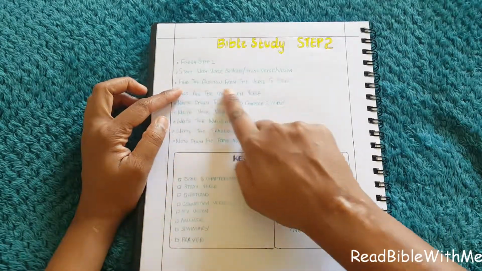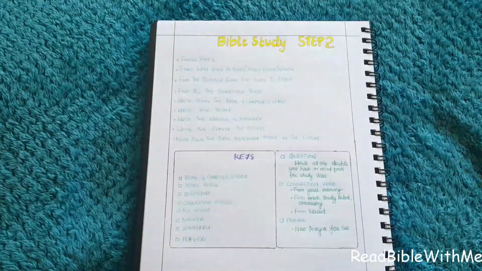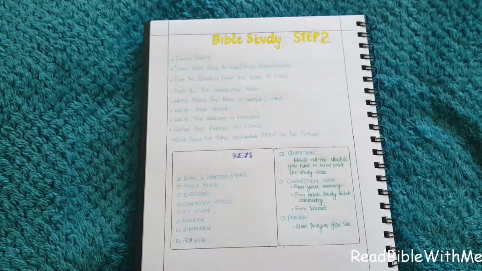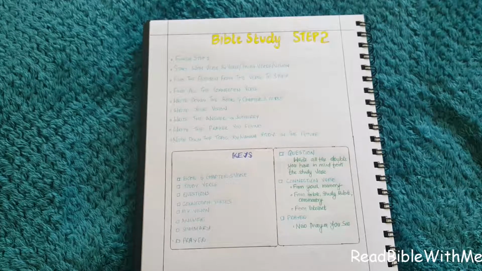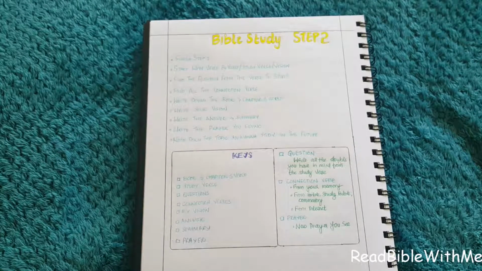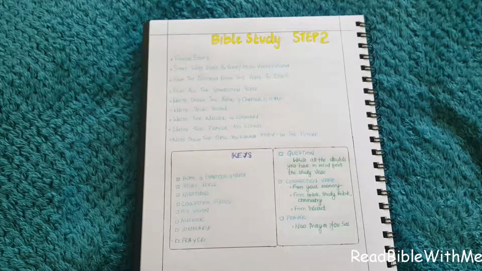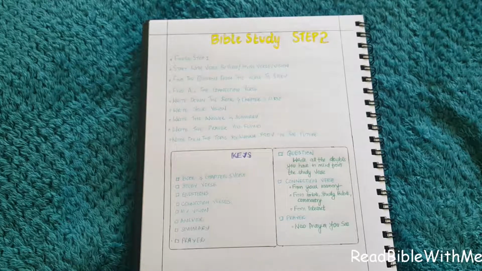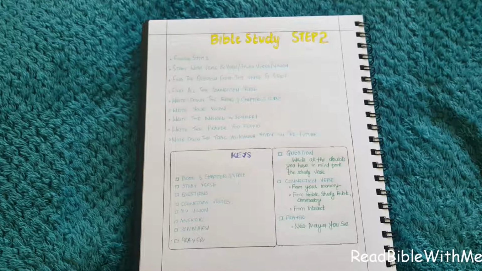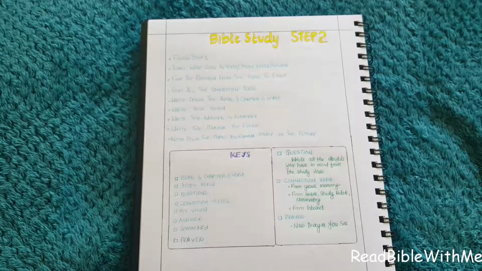Then the third one is to find the questions from the verse to study. When you read the verse, you might get so many questions, so many doubts. How did it happen? What is that? What does that mean? How, when, how? Usually when you get a doubt, you keep it and turn the page.